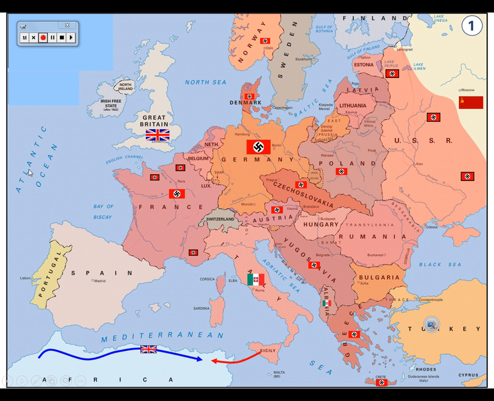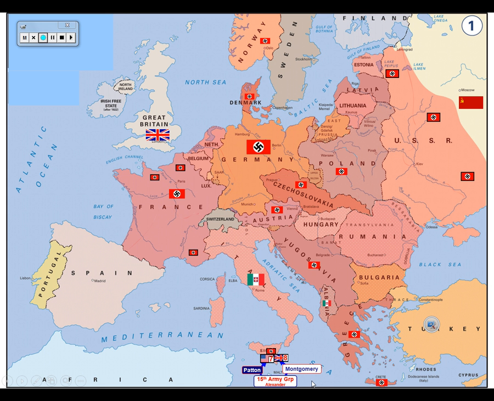Here we go into Tunisia, gaining back land from the Nazis in North Africa, and then we'll end up starting to push north from North Africa into Italy.